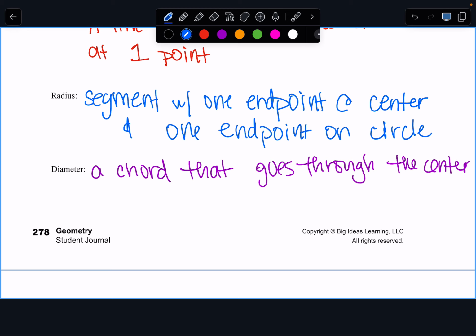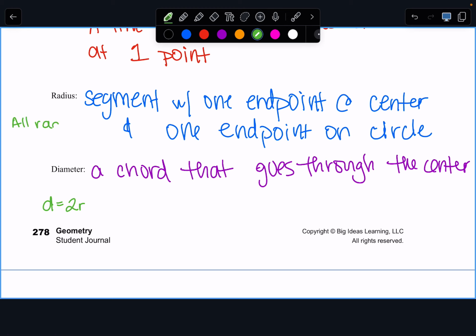Okay. Can you tell me what is true about any radius that I would draw in one particular circle? Daniel. Okay, so we do know that the diameter is double the radius.